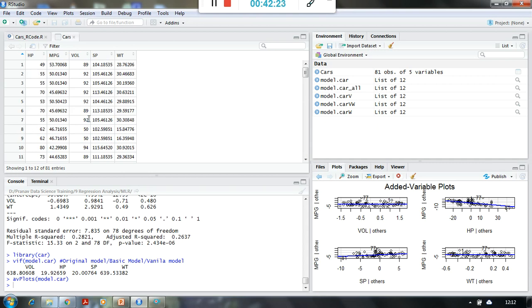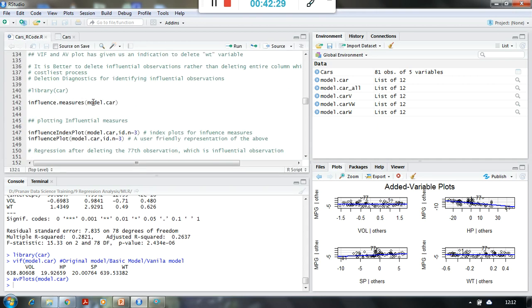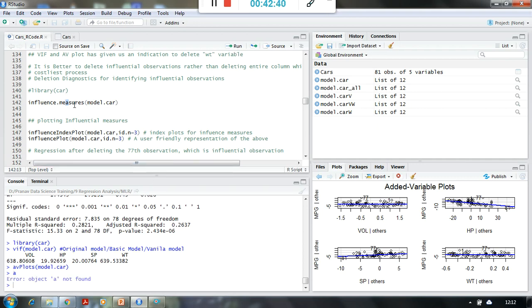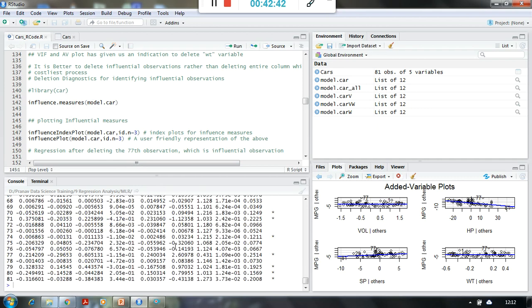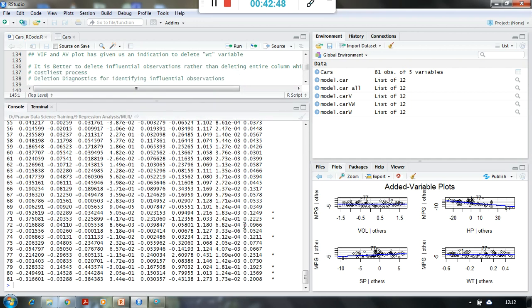Or which observation is influencing my model building? Yes, there is a possibility. So how to check that? To check that, we have something called influence measures. This function is going to give me the influential observations. And look at that, the star marks are the observations which are influencing my model.